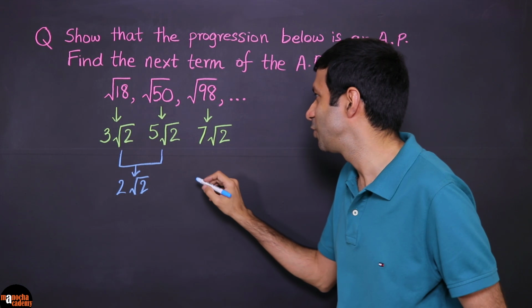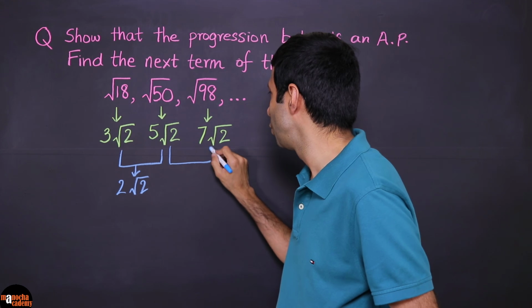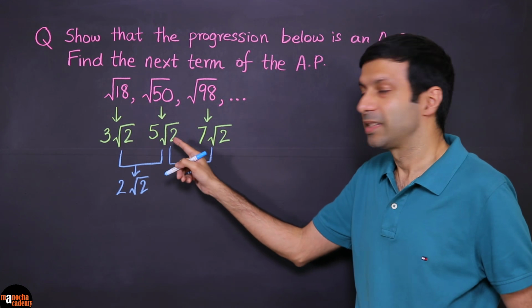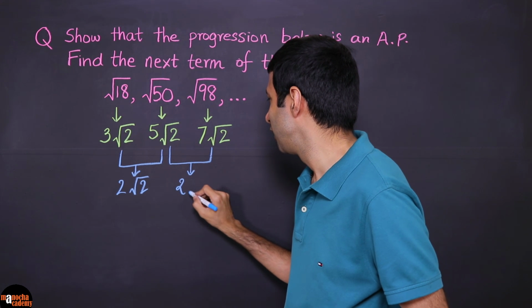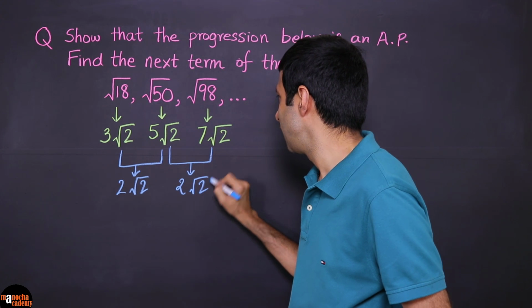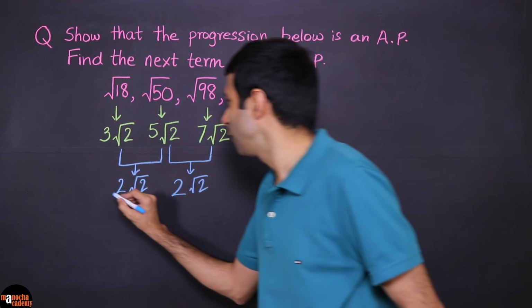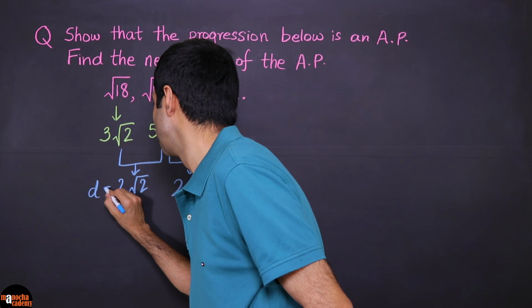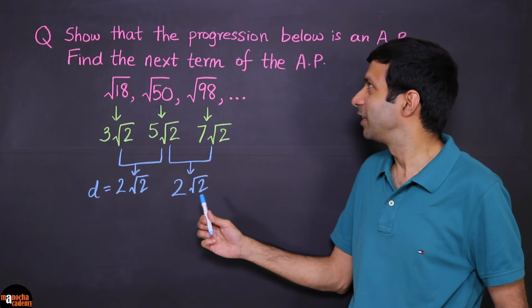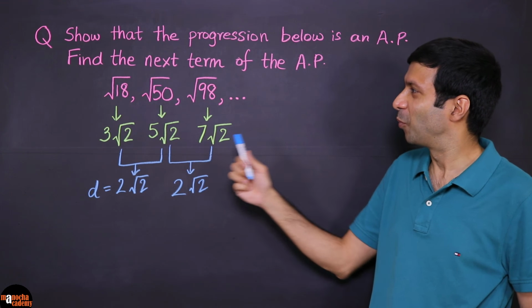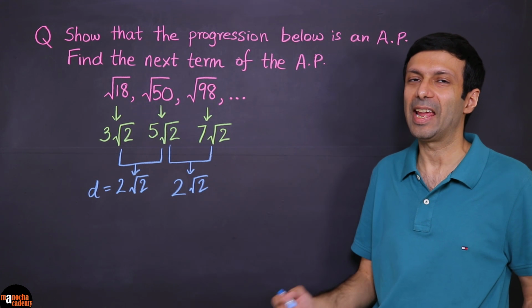Similarly, if you subtract these two, what are you going to get? It's again going to be 2 root 2, right? 7 root 2 minus 5 root 2. So can you see that the common difference is 2 root 2. Therefore we have proved that this is an arithmetic progression. This series is an AP.